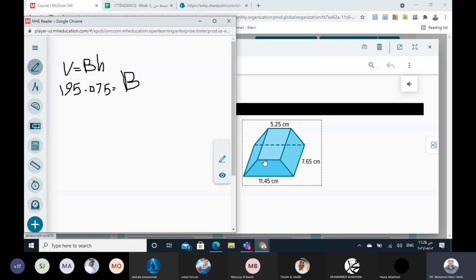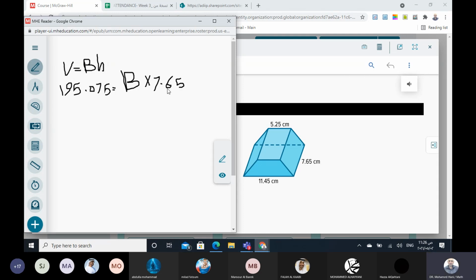This is the first base and this is the second base, because here we have parallel and congruent bases. So the distance between them is the height of the prism. So, times 7.65.